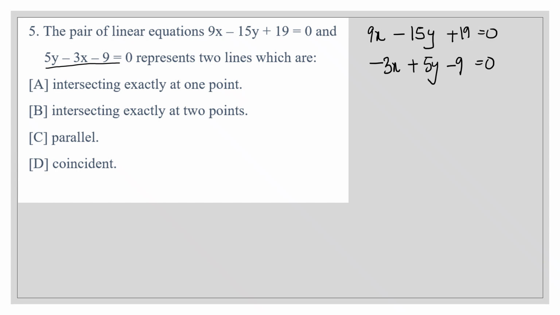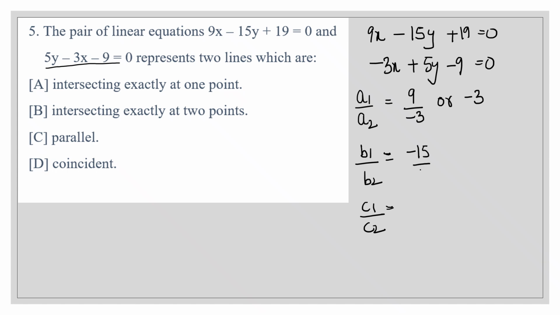These represent two lines, and you need to check whether they are intersecting at one point, two points, parallel or coincident. In that case, we use the A1 upon A2, B1 upon B2, C1 upon C2 criteria. First, find A1 upon A2: 9 upon negative 3, which is negative 3.